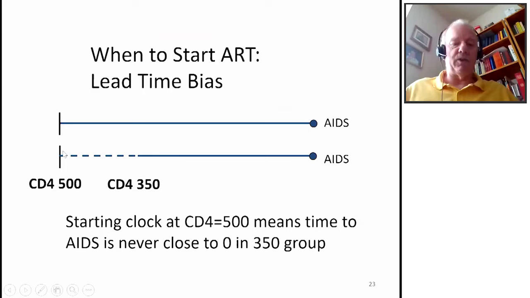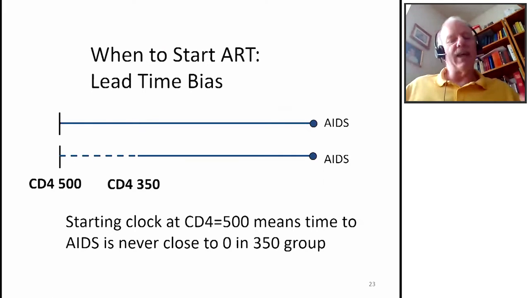So these people did not die during this period, whereas these people who started at 500 might have died during this period between 500 and reaching 350. So there are going to be no events in the 350 group between 500 and 350, and yet there might be some in this other group that started at 500. So that's another bias. How do you deal with that?